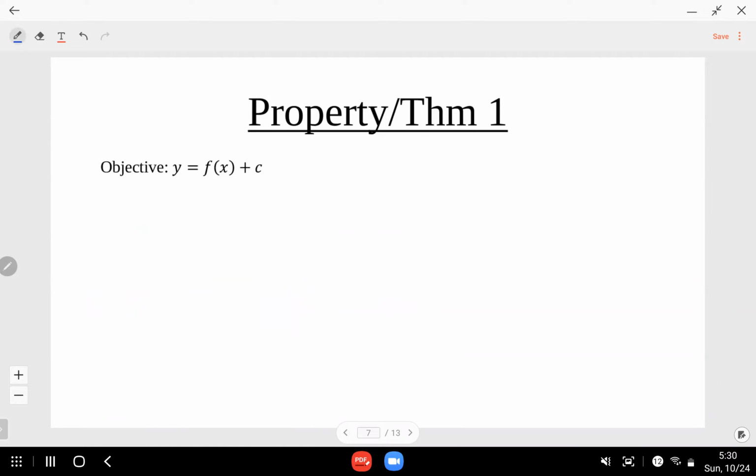So that would be like the graph of y equals f of x plus c, and what can be obtained.